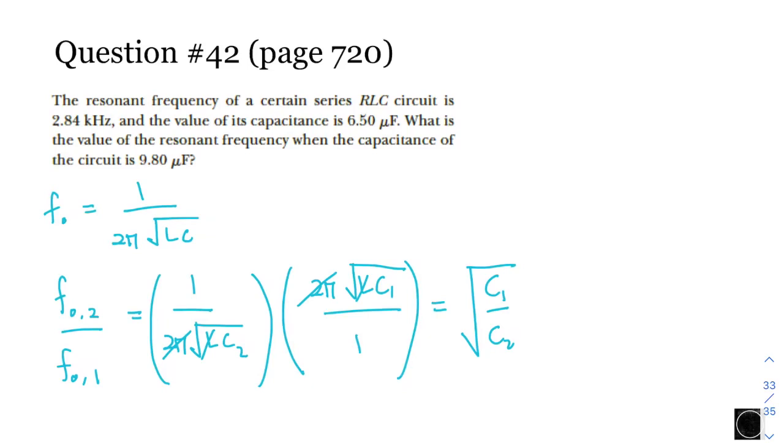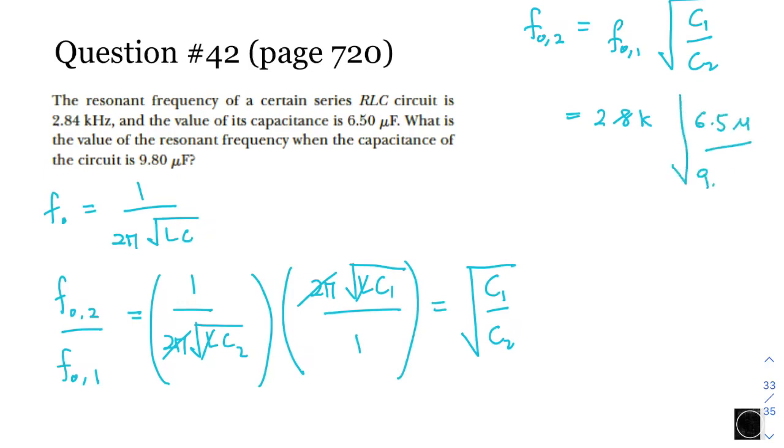If you substitute the values, F natural of situation 2 is F natural of situation 1 times square root of C1 over C2, which gives you 2.84 kilohertz times square root of 6.5 micro over 9.8 micro. Finally, this is equivalent to 2.31 kilohertz.